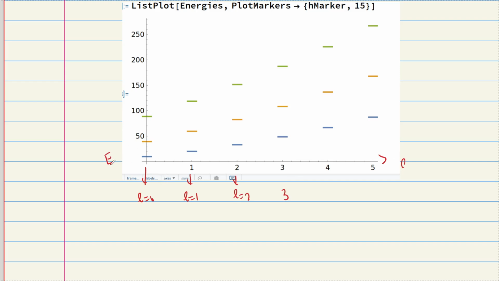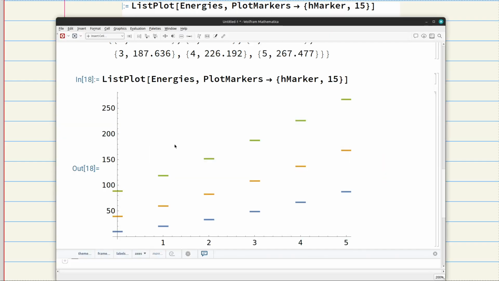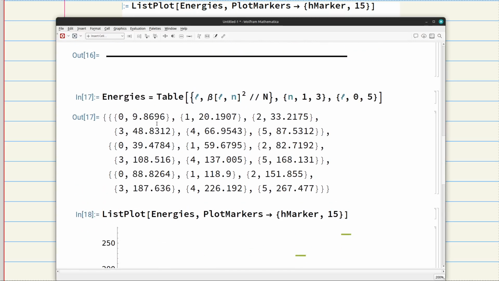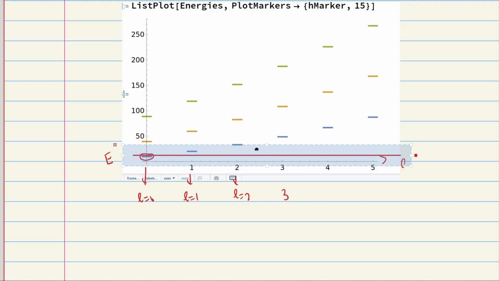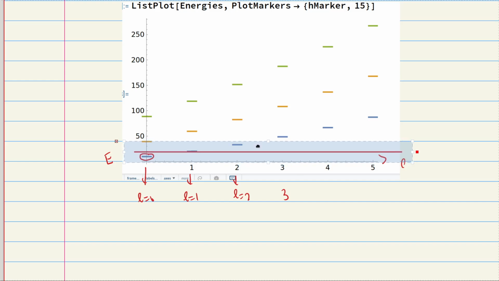For example, L equal to 0 is the ground state. I don't know its value. You can go and look at your table. It is like 9.8, whatever that means. And if you look at that, this is smaller than any other energy. Next energy level is L equal to 1, and it's just a little bit shifted, right?